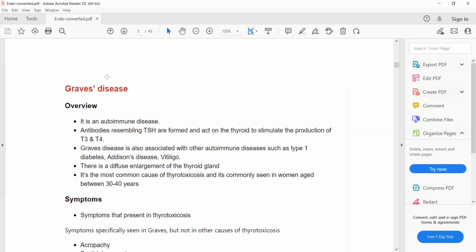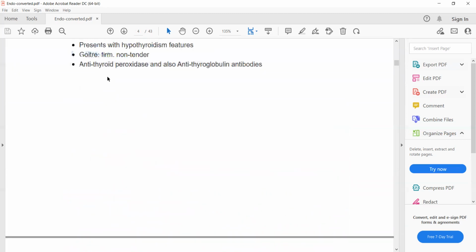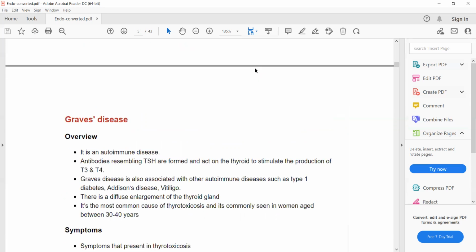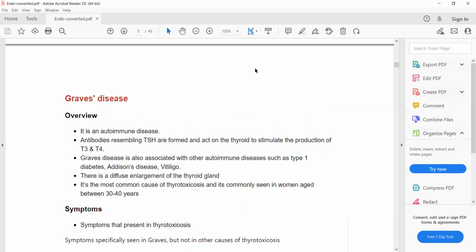In Hashimoto thyroiditis, the antibodies that are produced are anti-thyroglobulin antibodies, while in Graves' disease, the antibodies that are produced resemble TSH or thyroid stimulating hormone. Thyroid stimulating hormone is also known as thyrotropin.